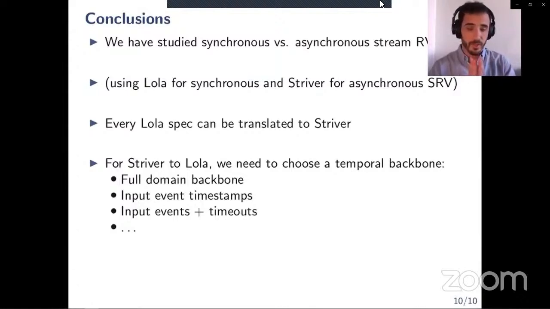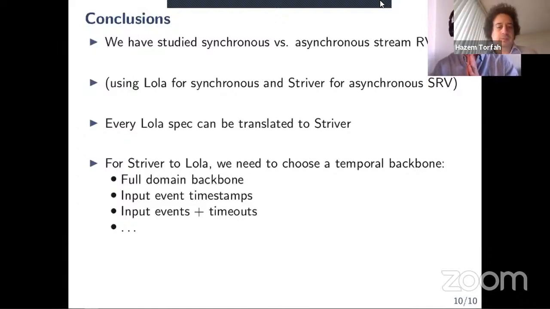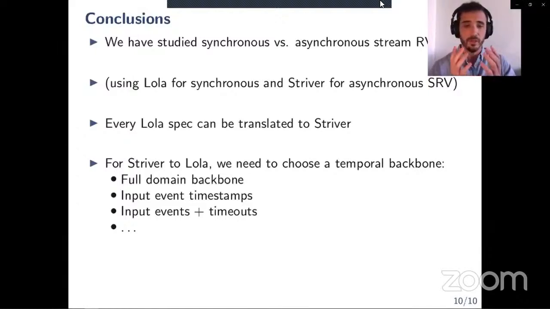And we show some alternatives, for example, using the full temporal domain as the backbone, or we can use only the input event timestamps as the backbones, or we can use the input event timestamps and some points that we know are those points where some stream might be producing a value.